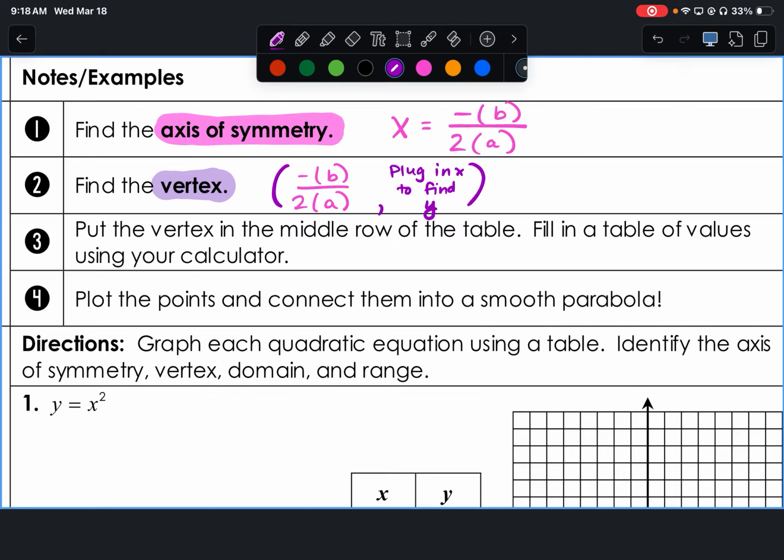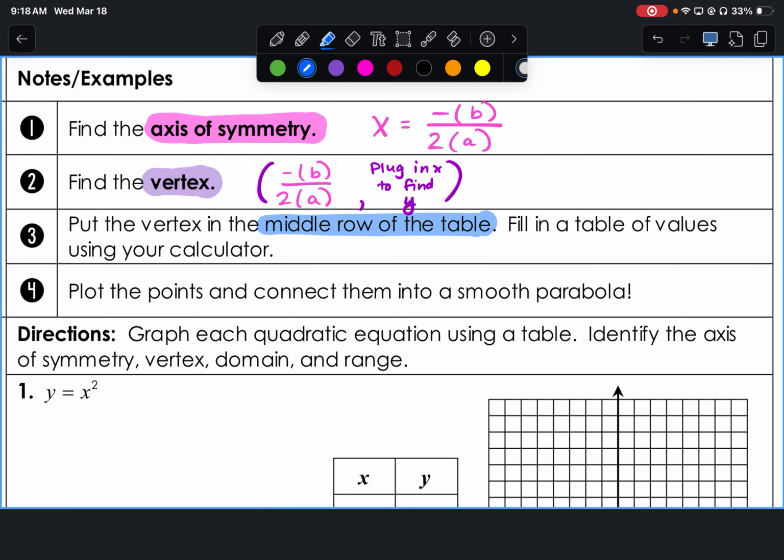Now, we have to put our vertex in the middle row of the table, because we're going to use a table to list all of our points. Then we're going to fill in the table of values using a calculator. So if I want to insert an equation into my calculator so that it can graph it, what button do I press? Y equals. So we first do y equals and type in your equation, whatever your equation is.